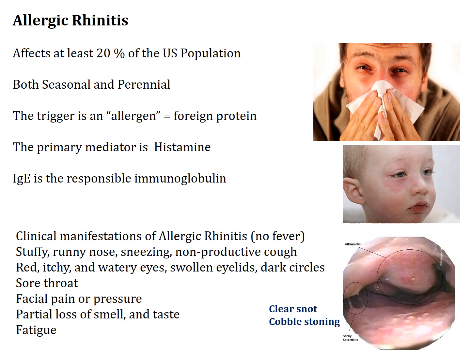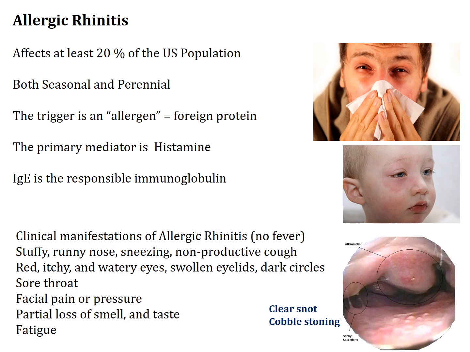Clinical manifestations of allergic rhinitis. Often the individual does not have a fever. They have stuffy nose, runny nose, sneezing, non-productive cough. The snot that they have is typically clear as opposed to purulent. They can have red, itchy, watery eyes.